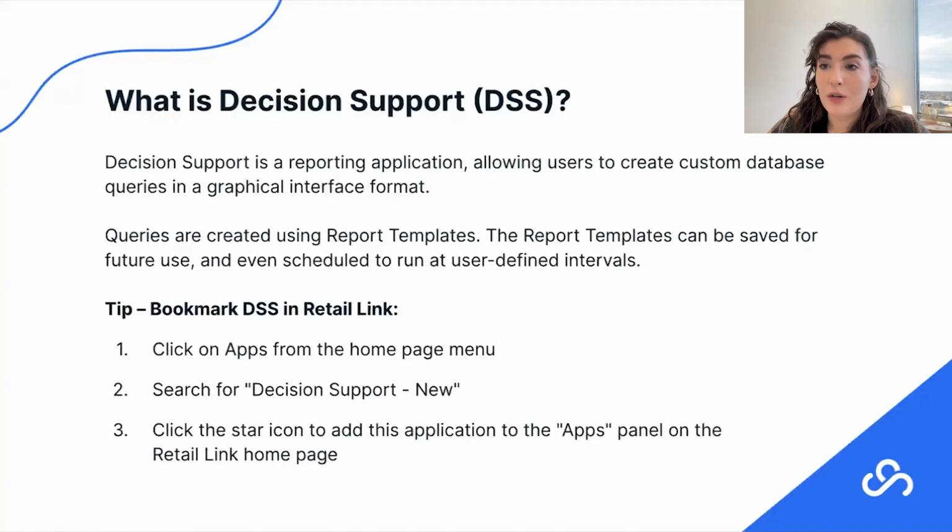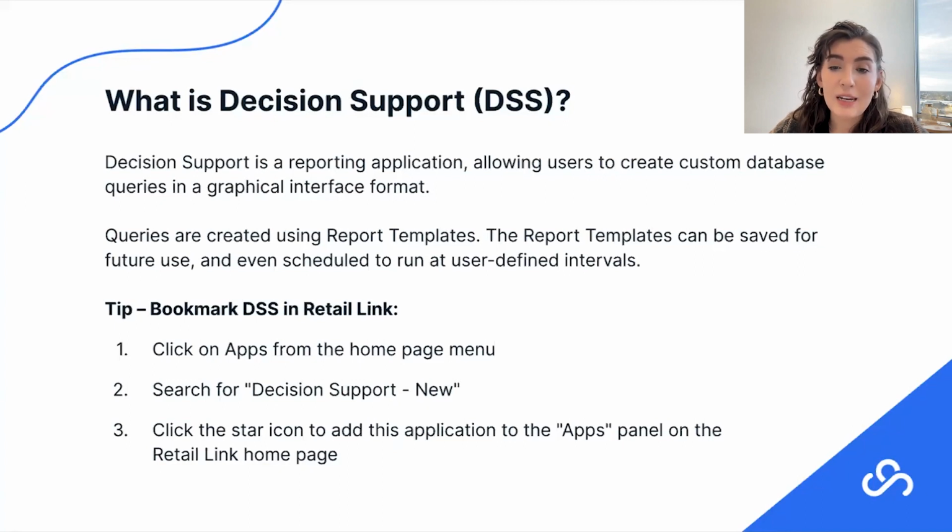So if you are a new supplier and you're just not informed on what DSS is, it stands for Decision Support System, and it's a reporting application. So it's within Retail Link, and it helps users, suppliers, as well as on the Walmart side, so replenishment managers, buyers, the merchant team, create custom databases and queries so you can export your Walmart data and then use that for the different applications that you would in your business.